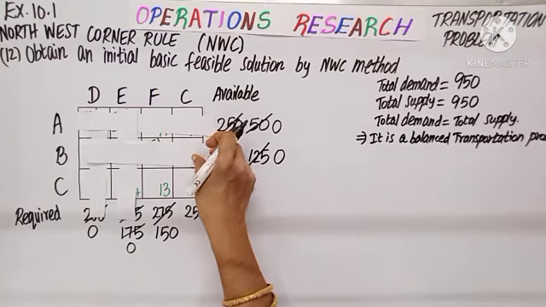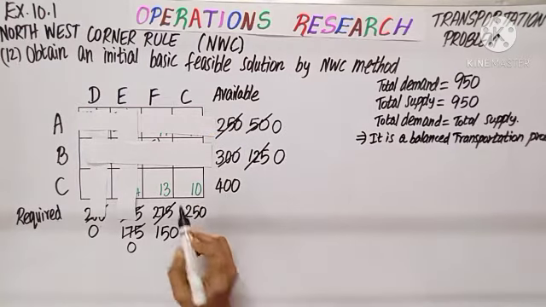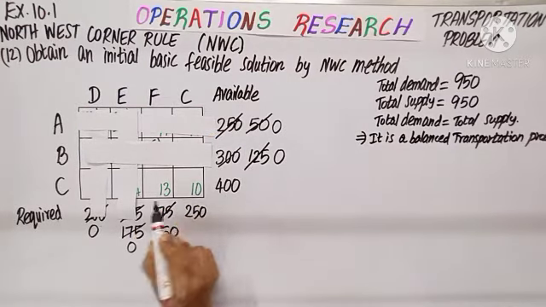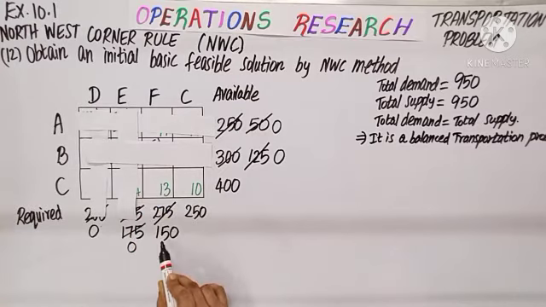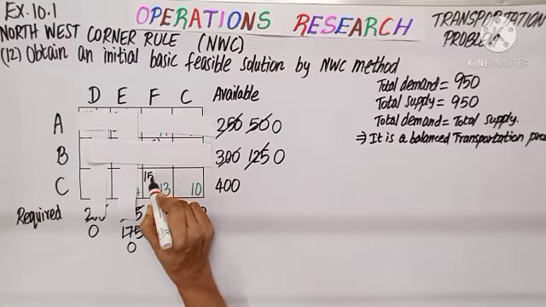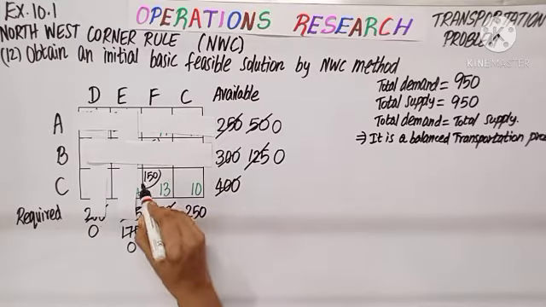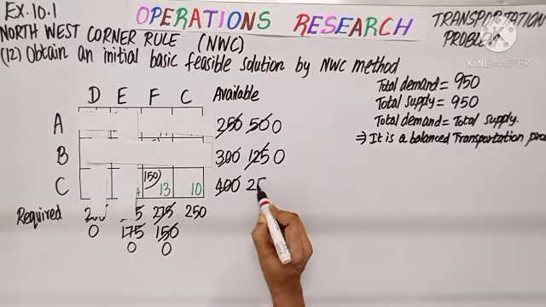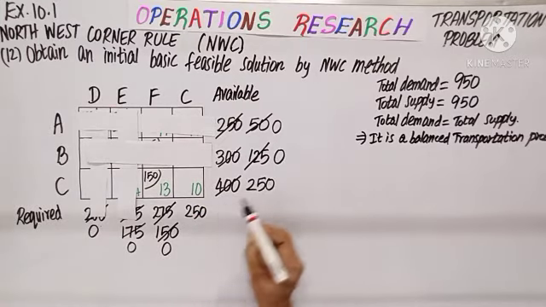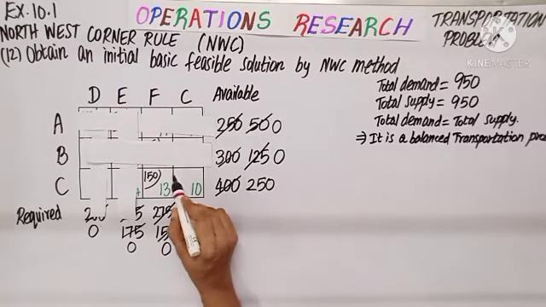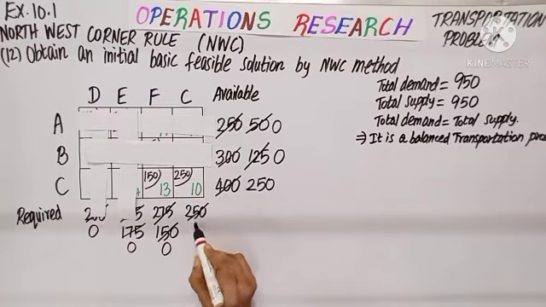Let us hide it. We are just left with 2 cells northwest. 150 or 400, 150. Allocate 150 and cancel this, which becomes 0. 400 minus 150 is 250. 250, 250 the same. Fill it up here. So the problem is done.